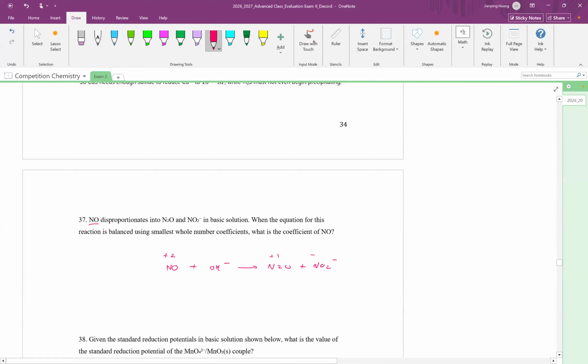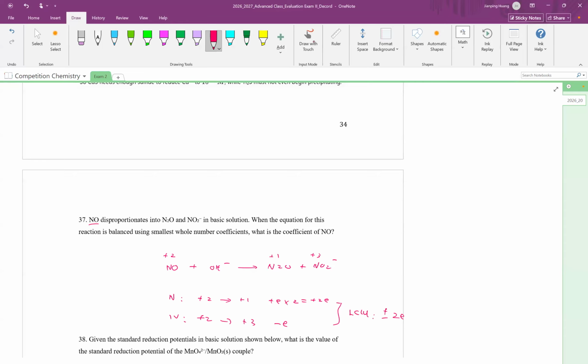And here it's plus 3, right? See, nitrogen from plus 2 to plus 1, gain 1 electron. So you have 2, you gain 2 electrons. Nitrogen plus 2 to plus 3, you lose 1 electron. So LCM should be plus minus 2 electrons.